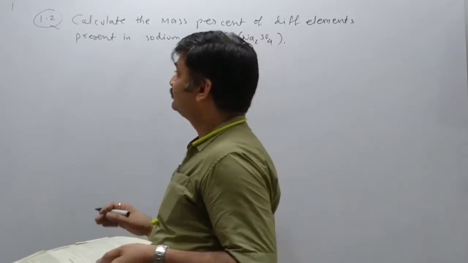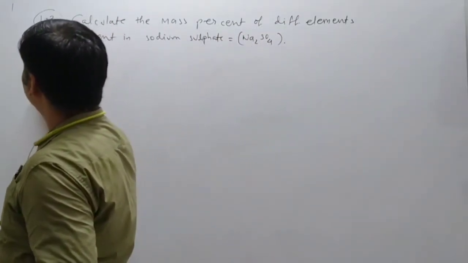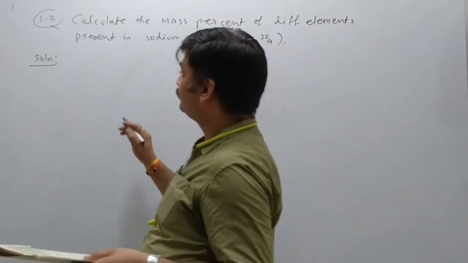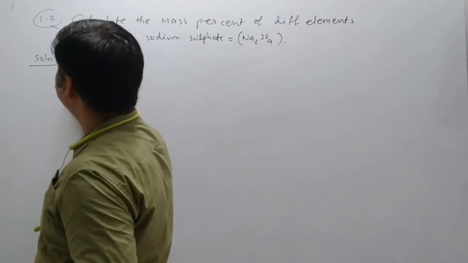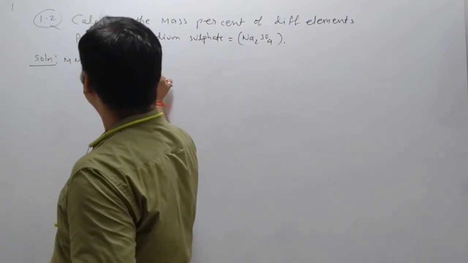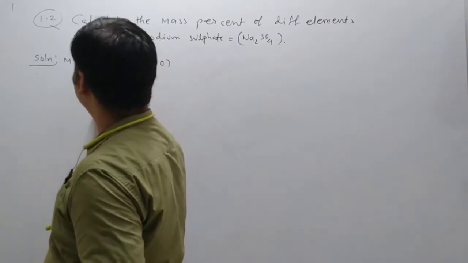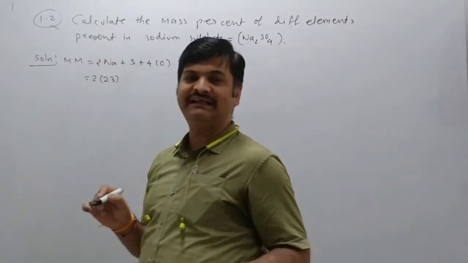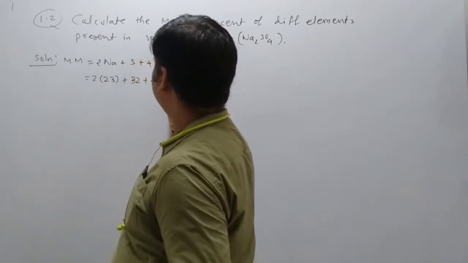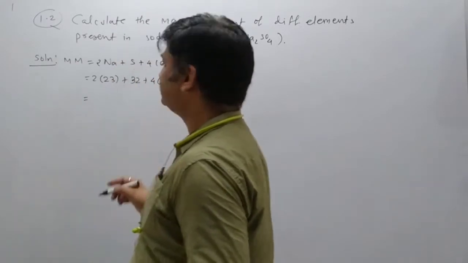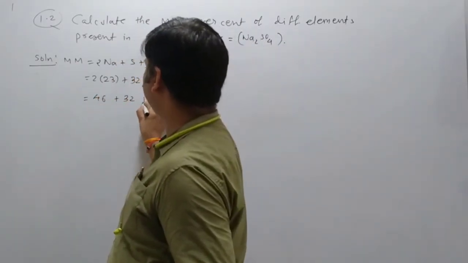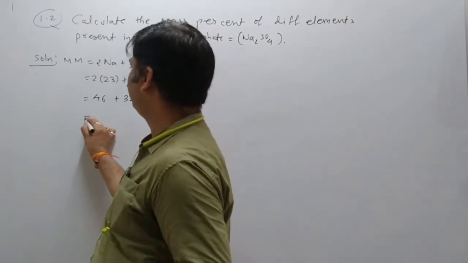Again, in this type of question, the first step will be to find out the molecular mass of sodium sulfate. So see, molecular mass: 2Na, S, 4 oxygen. The weight of sodium is 23, sulfur is 32, and the mass of oxygen is 16. Here 46, then 32 and 64 will be there.